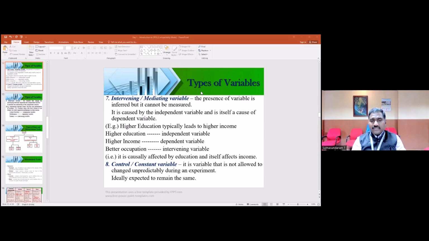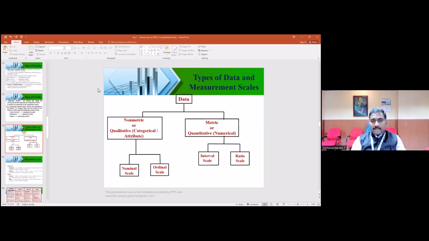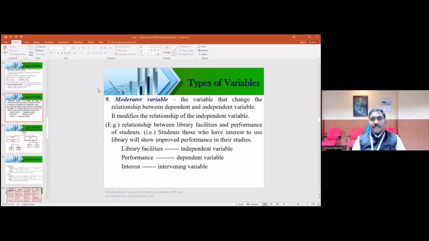Whereas in the moderator variable, if I have interest, only then will I go to the library. So interest plays a very important role in students' performance in the exam, right? Without interest, I will not go to the library, which will affect my performance also. So that is the difference between the mediator and the moderator.